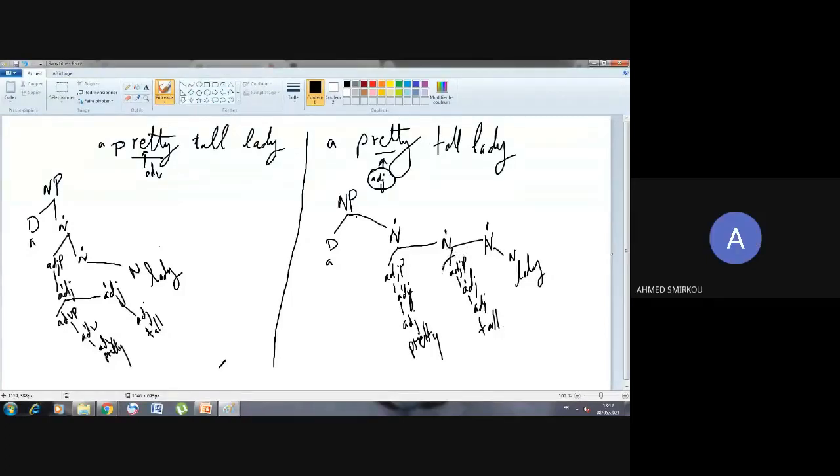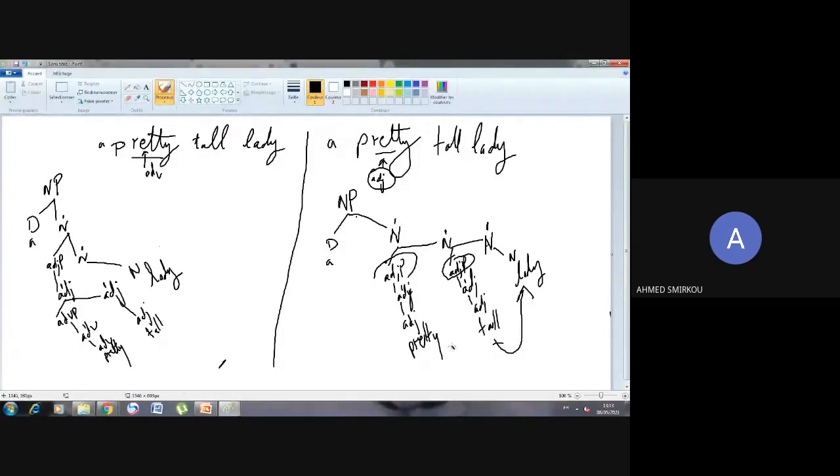So the first adjective phrase is simply an adjunct, sister to N bar, dominated by N bar. And the second adjective phrase is also simply an adjunct because it is sister to N bar, dominated by N bar. The difference between the first one and this one is that these are two adjectives, so they're not related to each other.